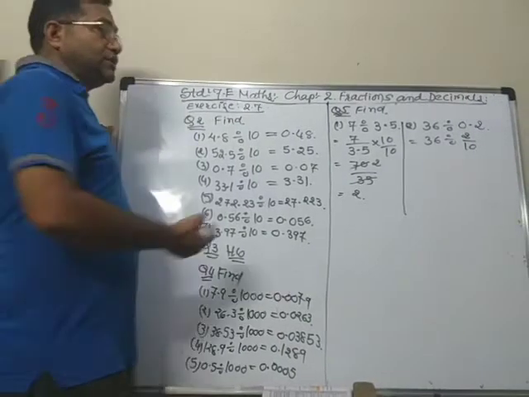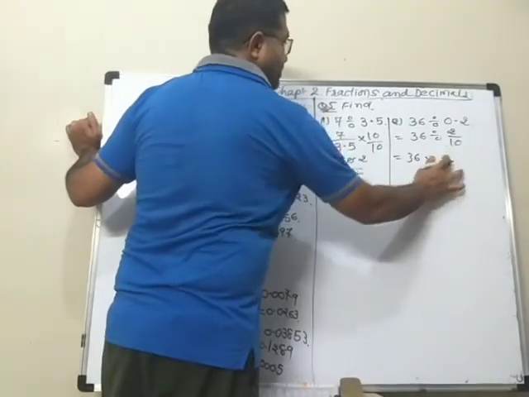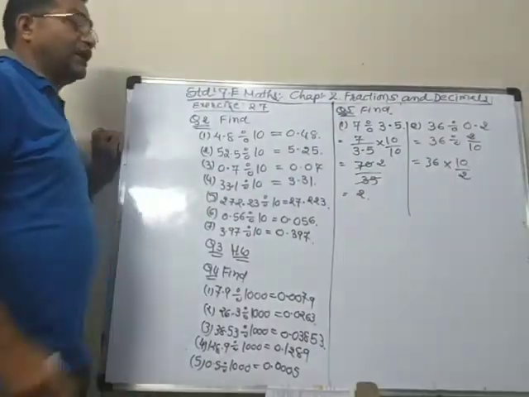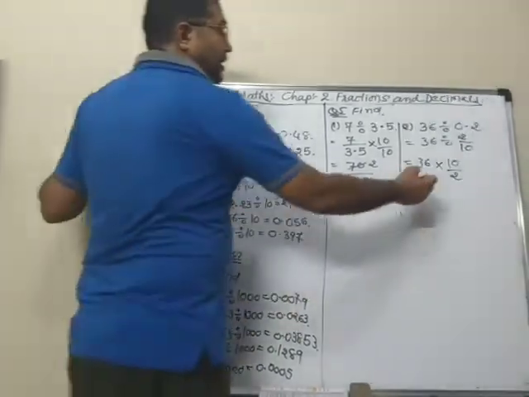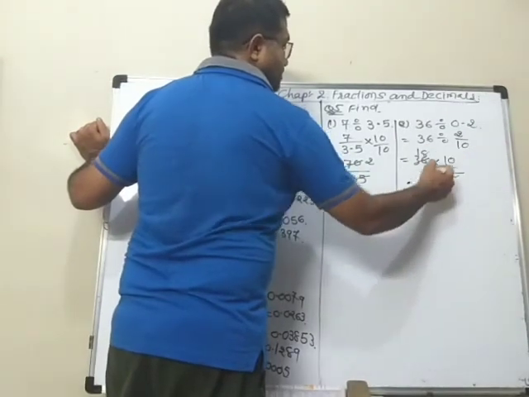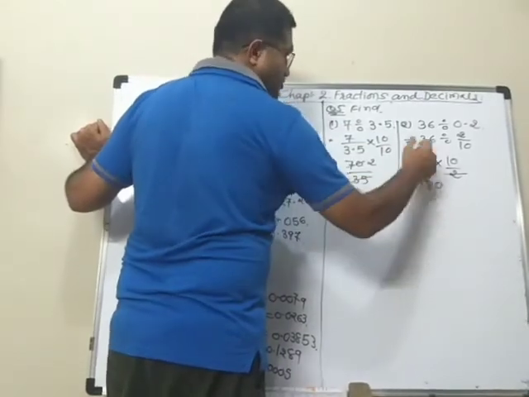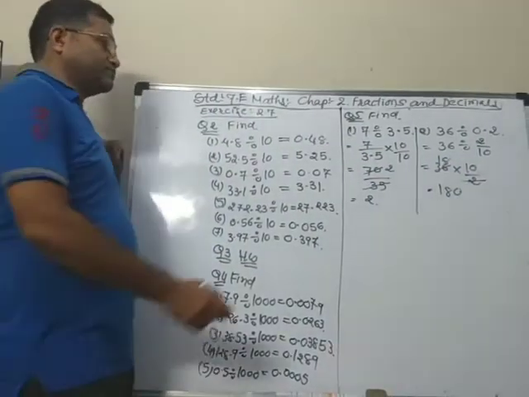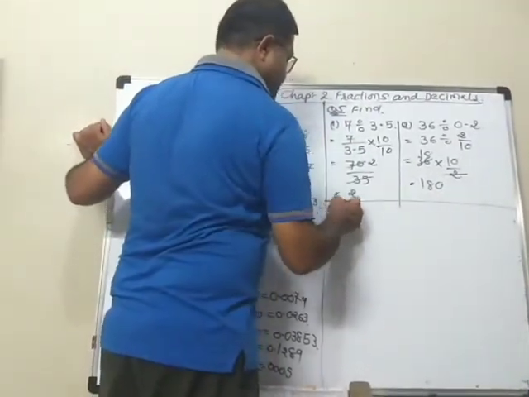Now division you can convert into multiplication by taking reciprocal. 36 times 10 divided by 2. And then you can do the cancellation like 18 twos are 36. So 18 tens are 180. So you can do by this method also, or you can do by that method also. It depends on you which one would you like.